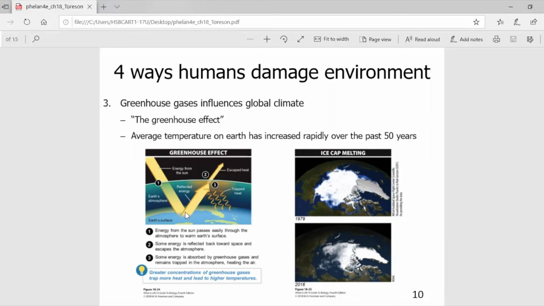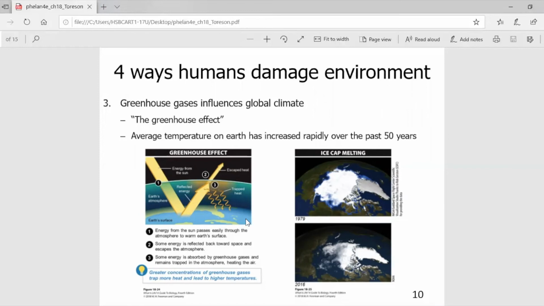Some of this energy is absorbed by Earth and some of this energy is reflected. So you see this yellow arrow extending back out away from Earth. Some of this reflected energy will escape, but some of it will actually get trapped by the Earth's atmosphere. So here we see trapped heat in the figure, and that is what is leading to global warming.